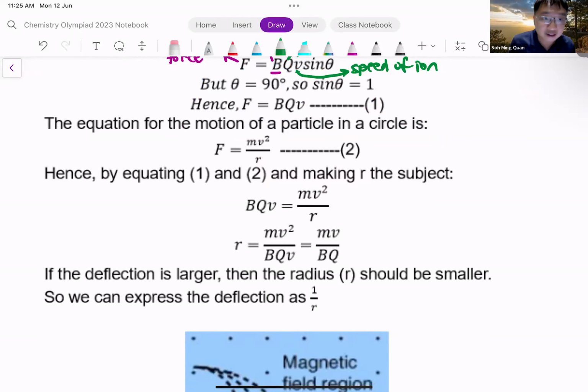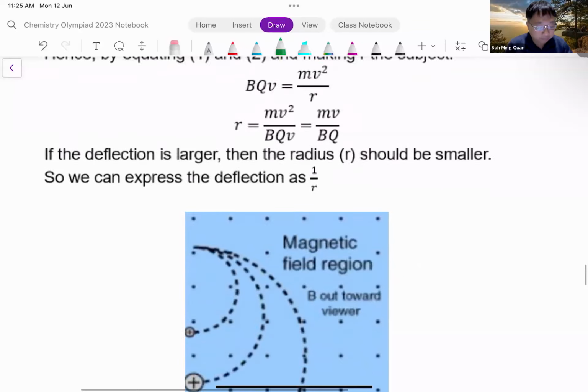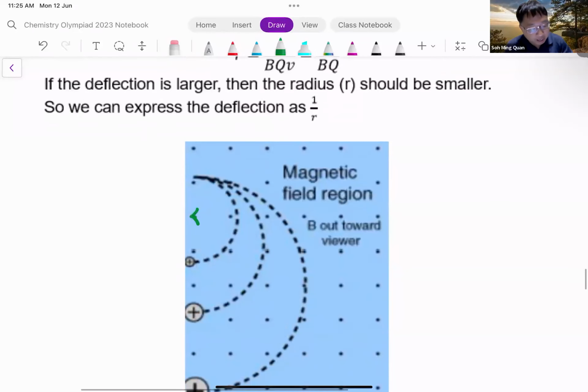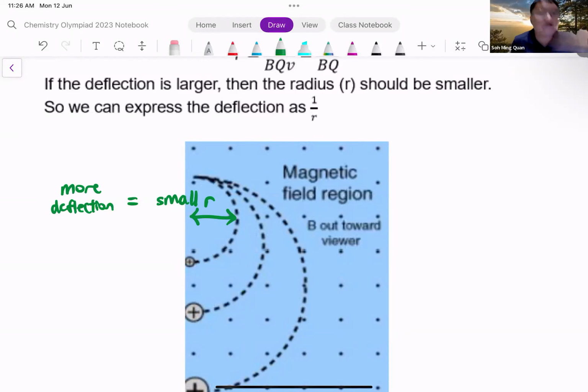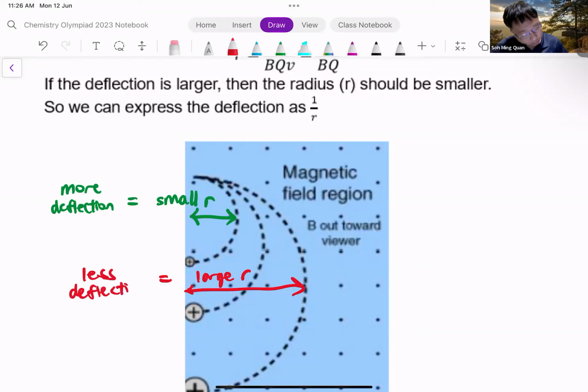But that's not it. Now we consider what r means. If the radius is small, there is more deflection. That means it swerves more, like a car that swerves a lot more. The radius of the path is small. However, if the radius of the path is large, there's less deflection, like a car that curves less.